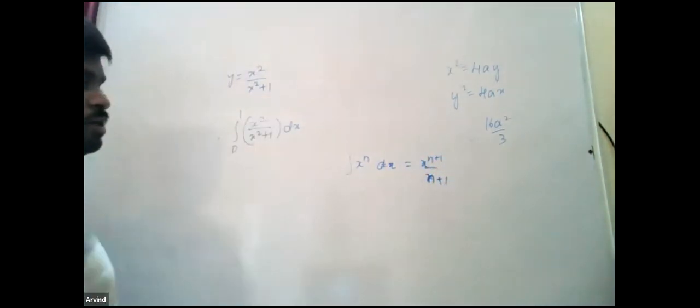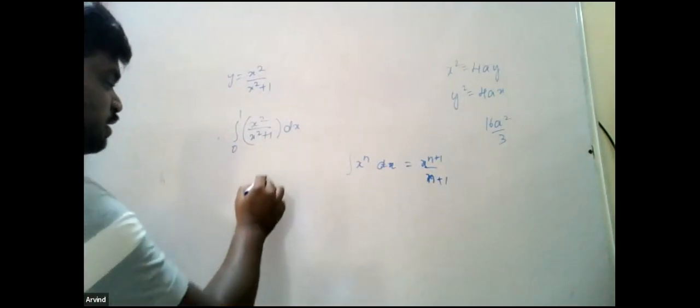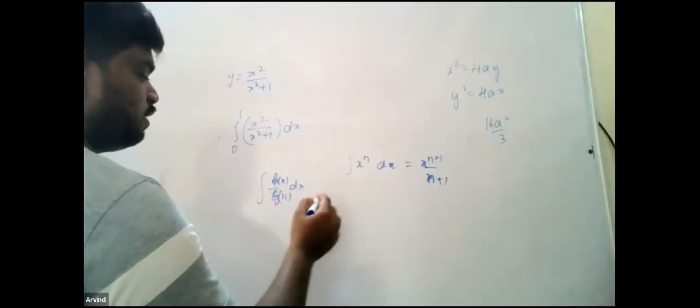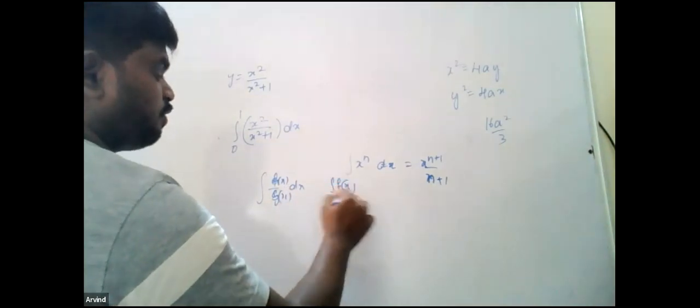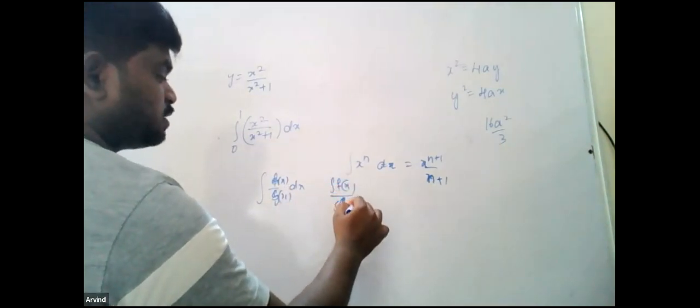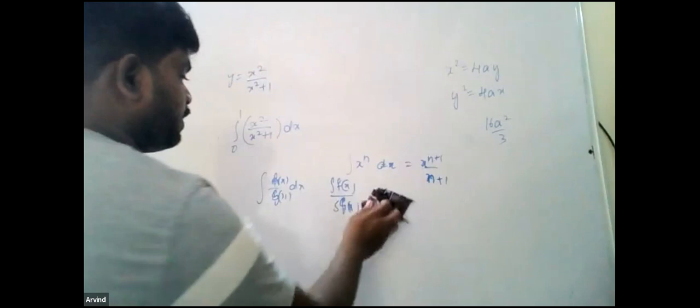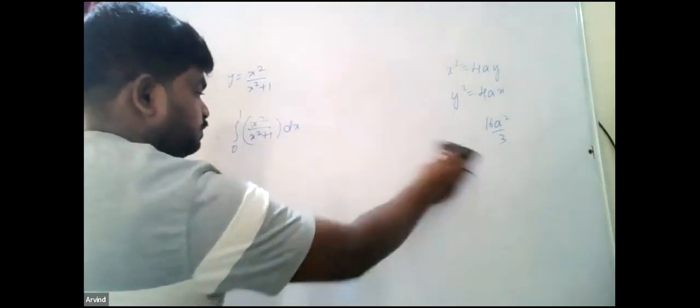For this you cannot do it separately, numerator separate or denominator separate. For example, integral of a by b dx, or f of x by g of x, you cannot separate it as integral of f of x by integral of g of x. That is not possible. You cannot split it.